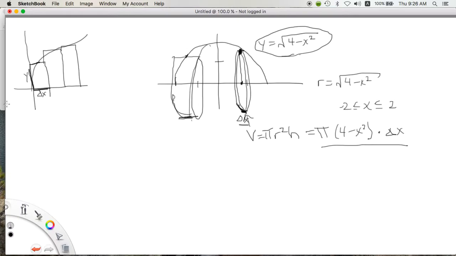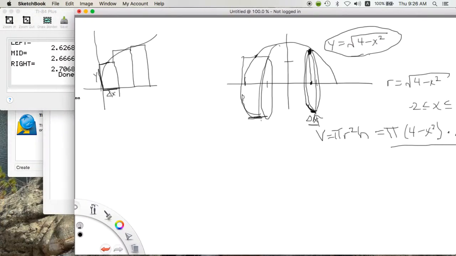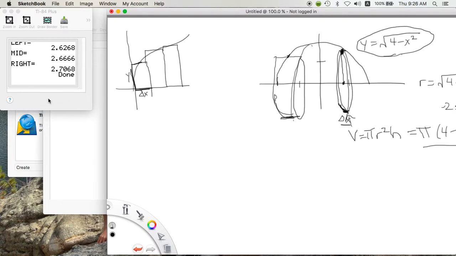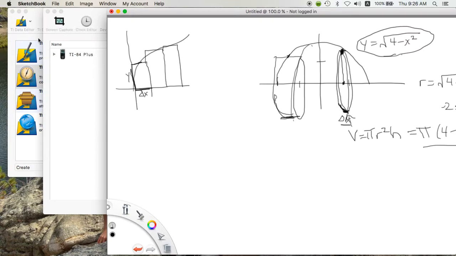So let's look at how we can use our program on our calculator to do this.